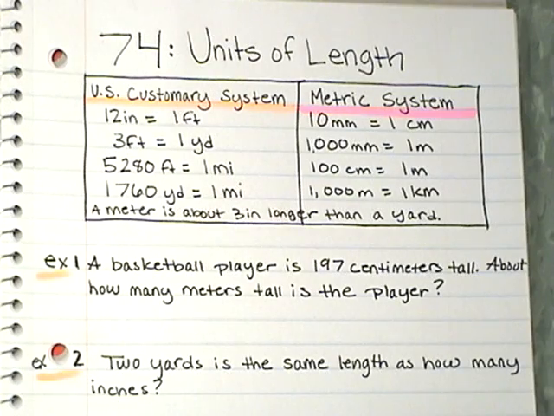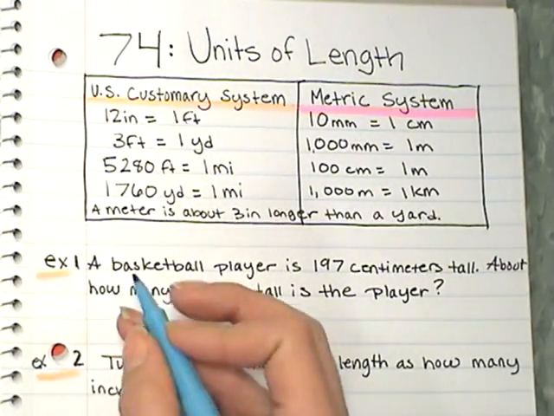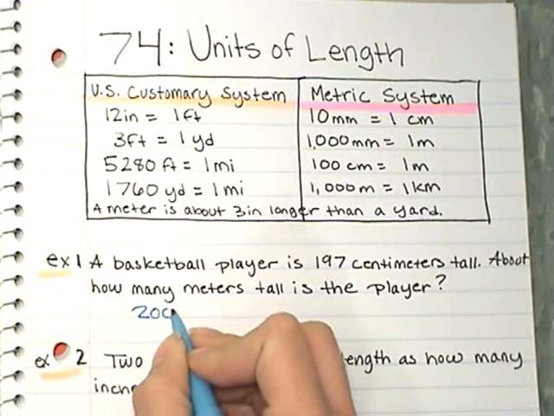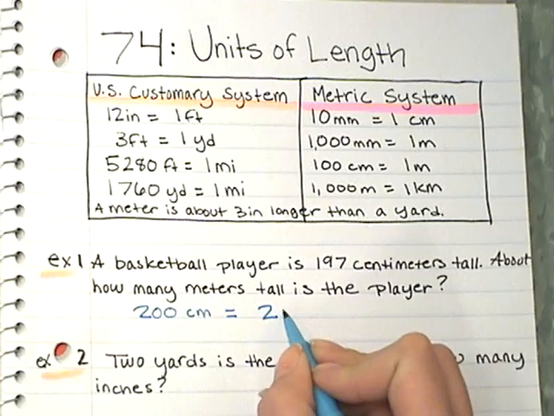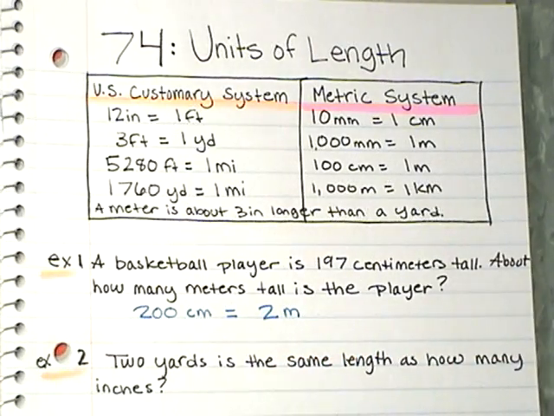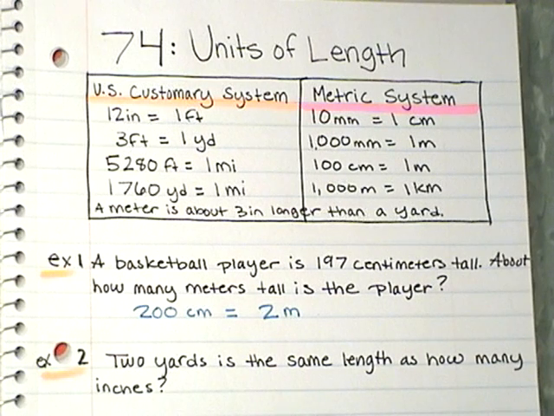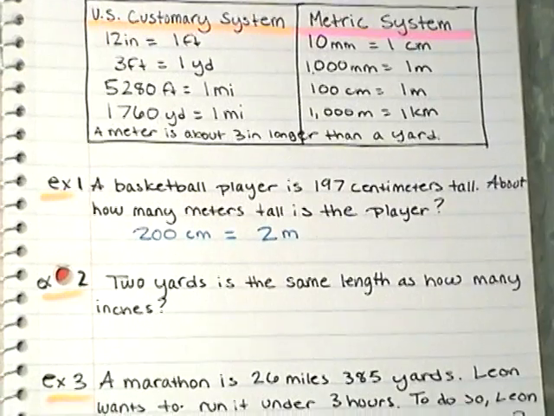So if 100 centimeters equals 1 meter, then 200 centimeters is going to equal 2 meters. So if you were to read this problem again, a basketball player is 197 centimeters tall. How many meters tall is the player? Well, if he's 200 centimeters, he is 2 meters tall. Alright, on to the next one.